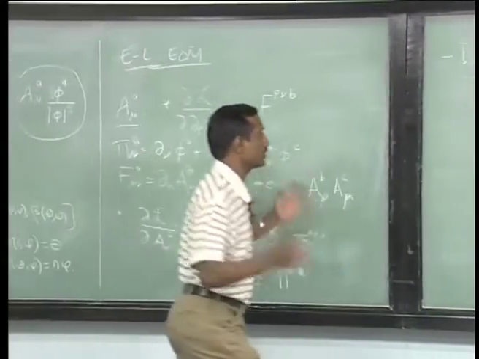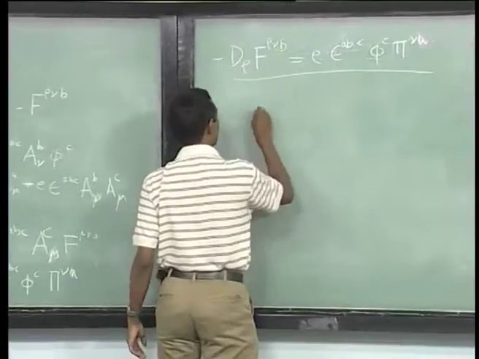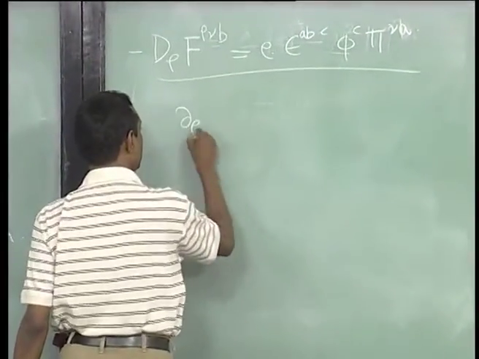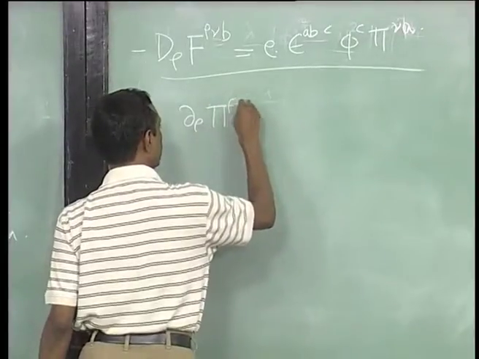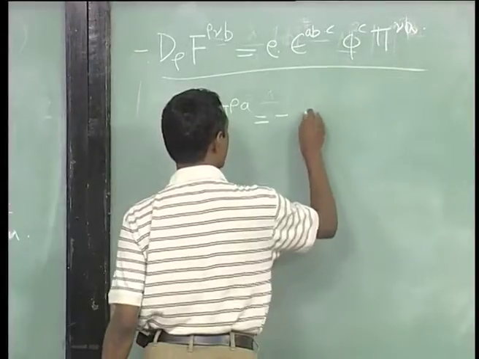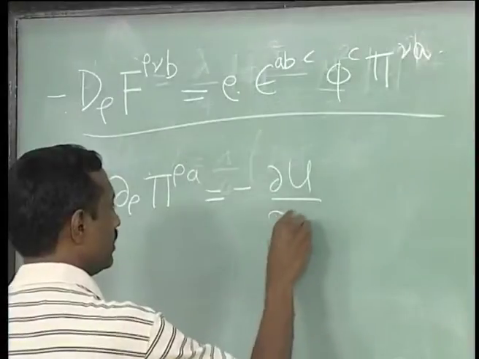Similarly out here, for a free scalar, you would have written something like d rho of pi rho a should be equal to minus dU by d phi a.